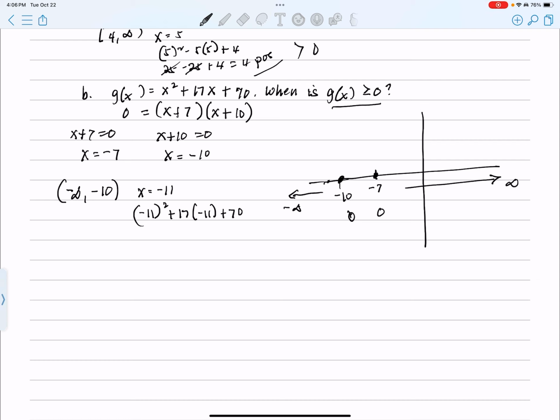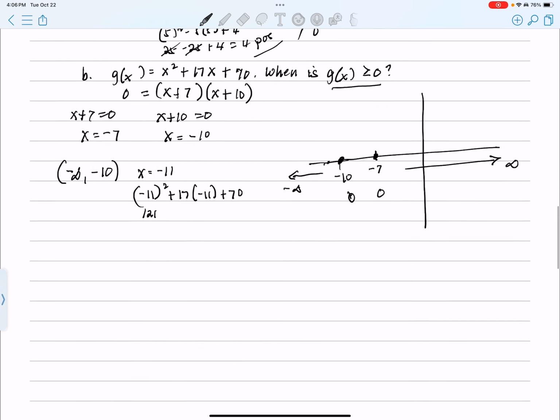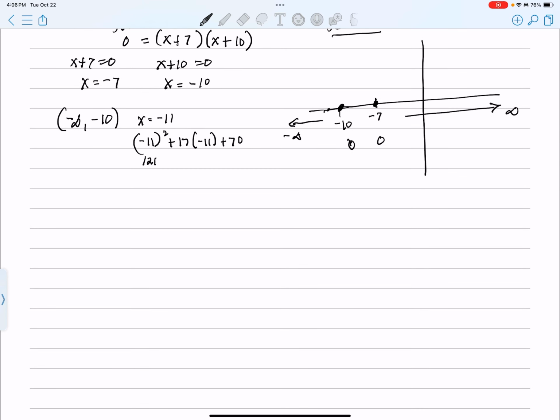Negative 11 squared is positive 121, then 17 times negative 11 is negative 187, then plus 70.